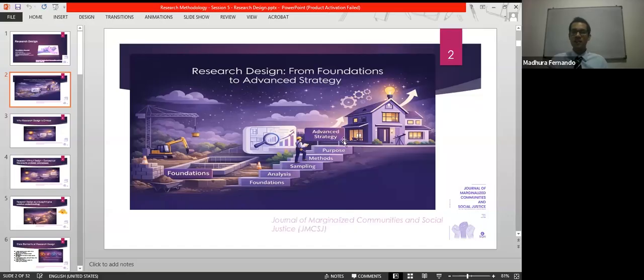For you to find this advanced strategy, you have to develop this purpose. It's like you are putting the foundation, and then on the foundation you build your house, so using an advanced strategy, right? So understand this analogy so that you can easily understand what I am explaining here. We'll move on to the next slide.